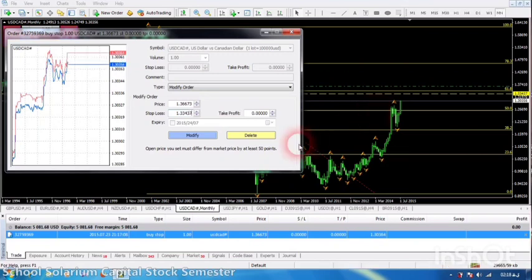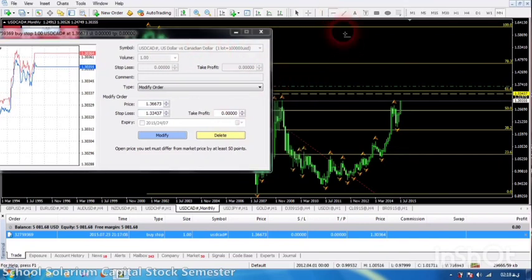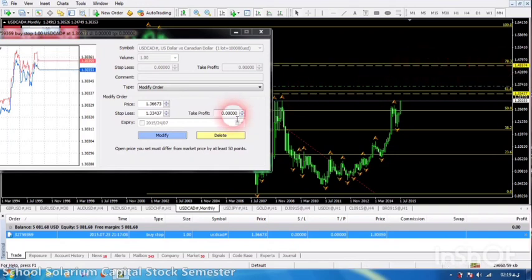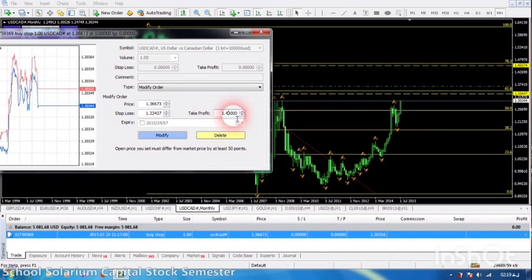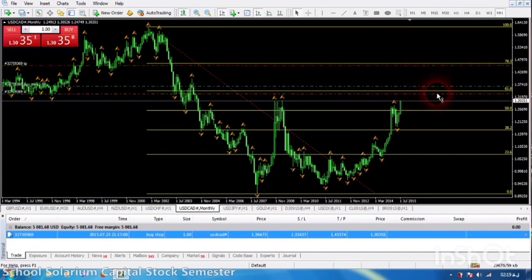I will type in the price that I can see here. And also you can put take profit in these trades so that when it goes near my 78 level, the order will be closed. So as you can see, this is my take profit. If I click on modify, you can see my take profit and stop loss on the chart. So this is my stop loss and that is my take profit.